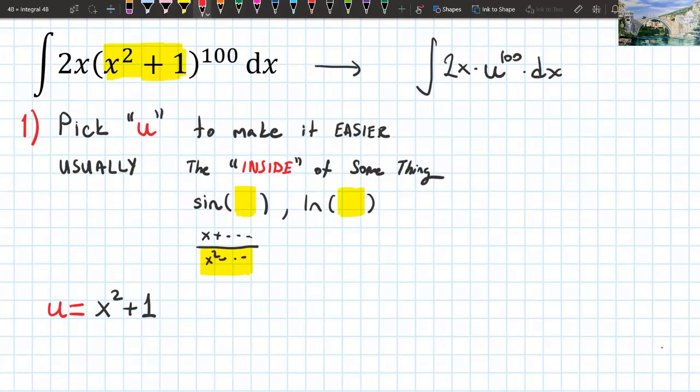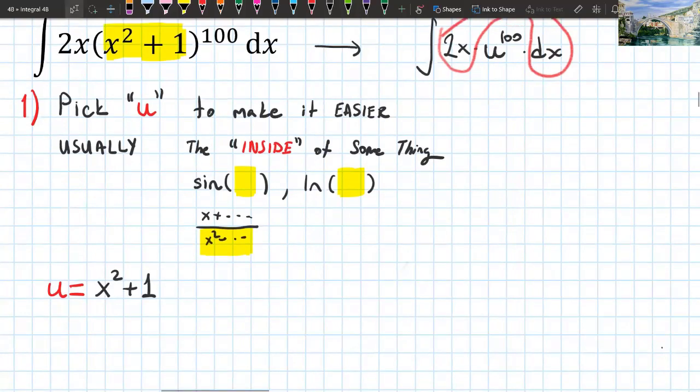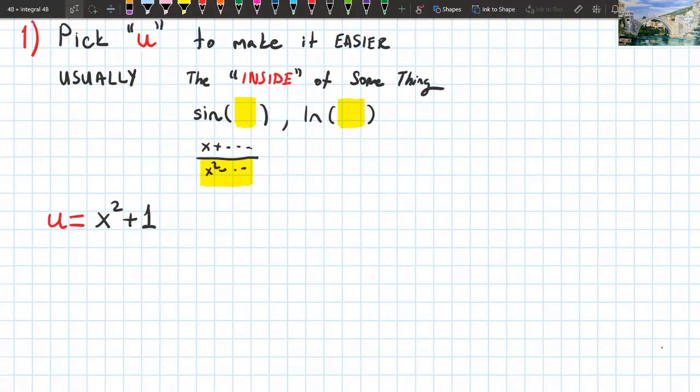I have 2x times dx. So I need to eliminate 2x times dx. In order to write the integral in terms of u, you need to take the derivative of u. With respect to, remember the notation, I will take the derivative of u with respect to what?